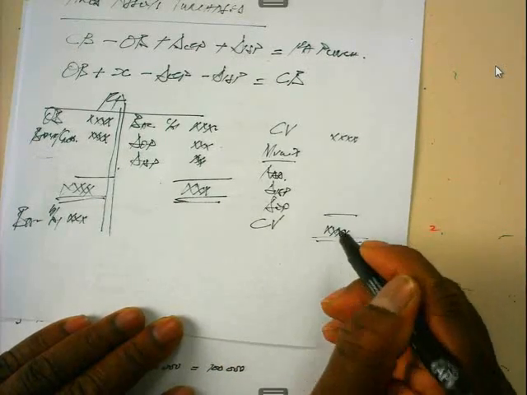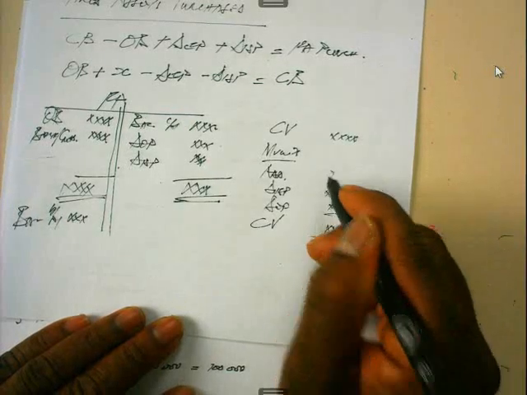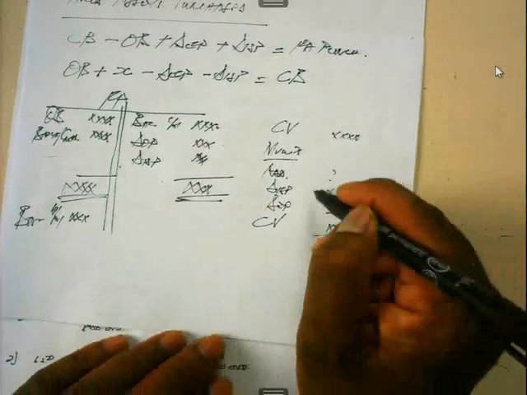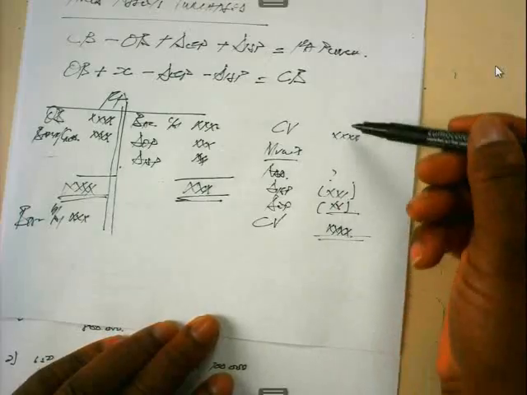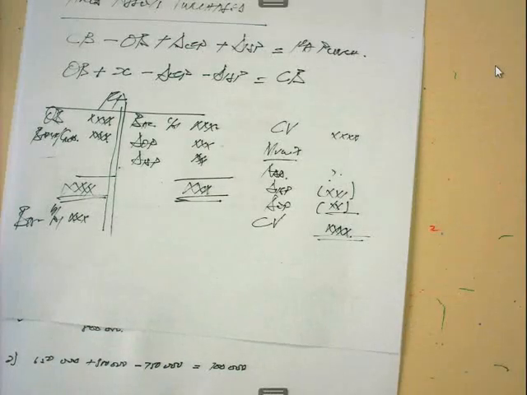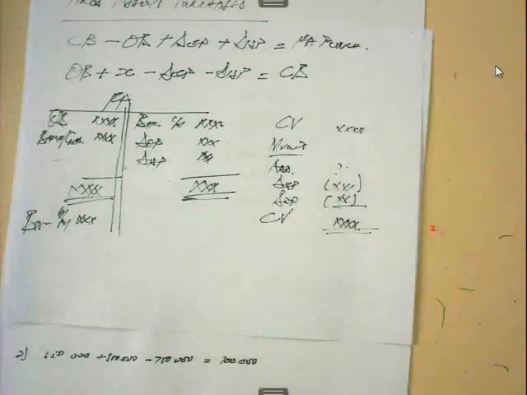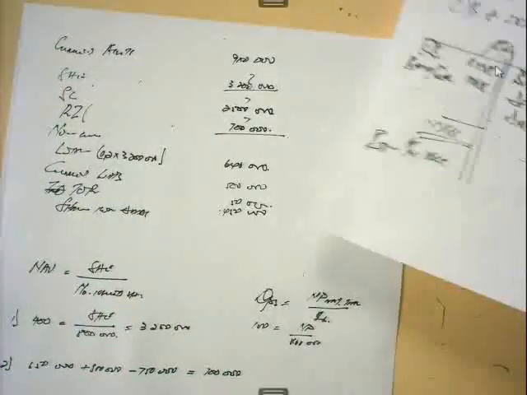Slot that in. Then add down or subtract down that way. You should be able to determine your additions at cost. That is one way of going about determining your fixed assets purchased.